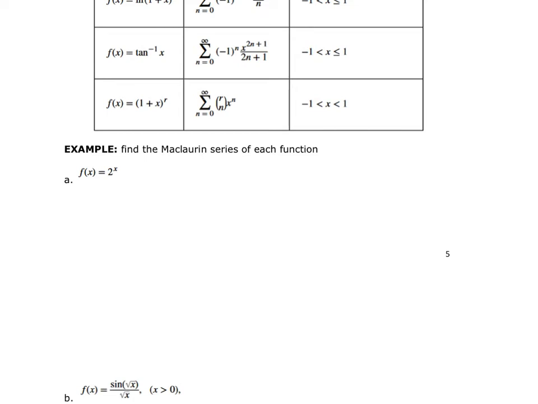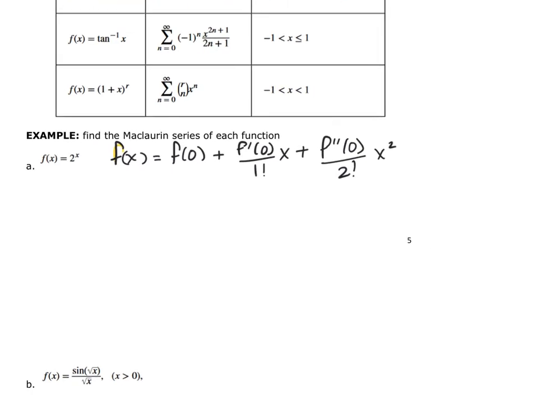And so I go back to the way that we first defined Maclaurin series, is that we have our function f of x is going to be equal to f of 0 plus f prime evaluated at 0 over 1 factorial times x plus f double prime evaluated at 0 over 2 factorial x squared.